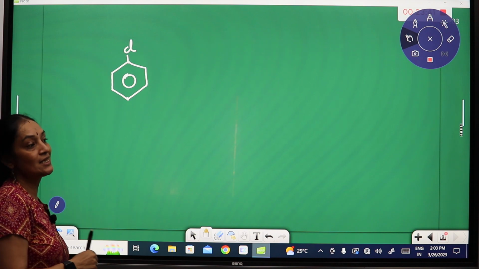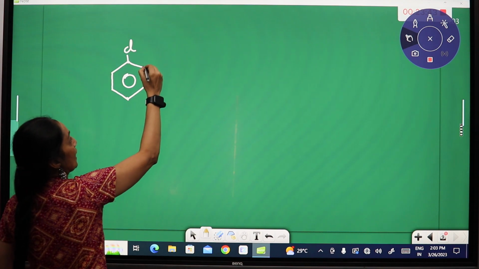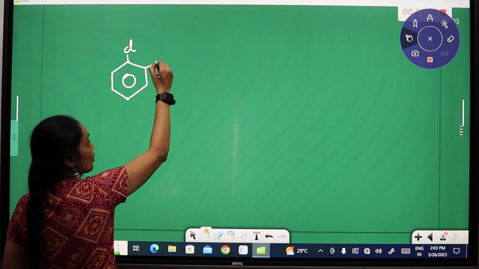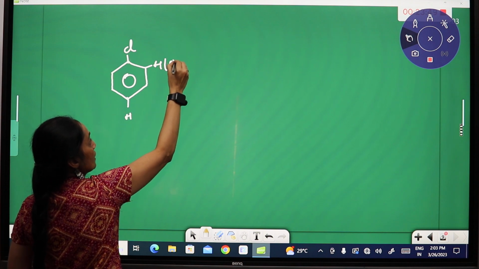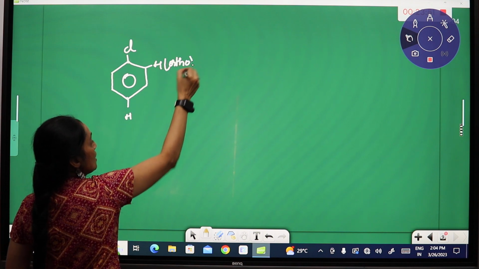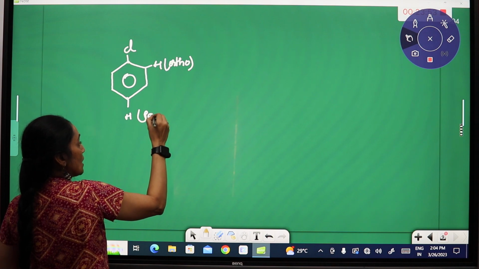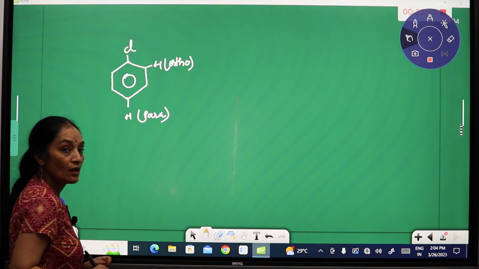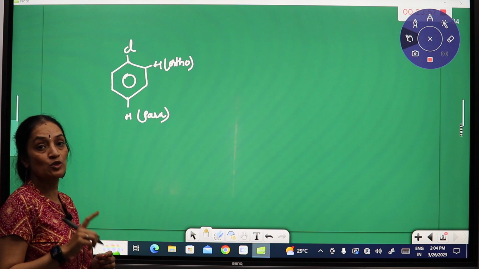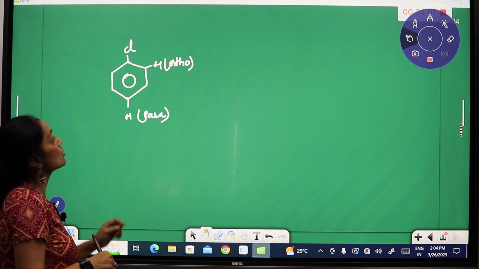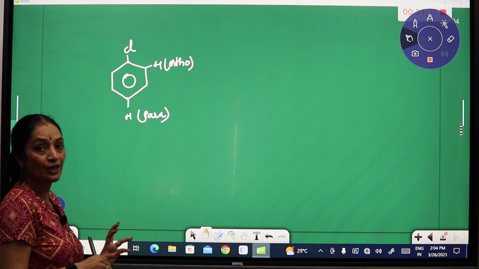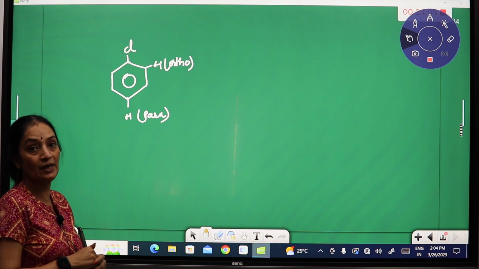If it is an electron donating group, it activates the ortho position and the para position. This we call the ortho position and this one the para position. This activation happens only when you have an electron donating group. So since this is an electron donating group, it activates the ortho and para positions.